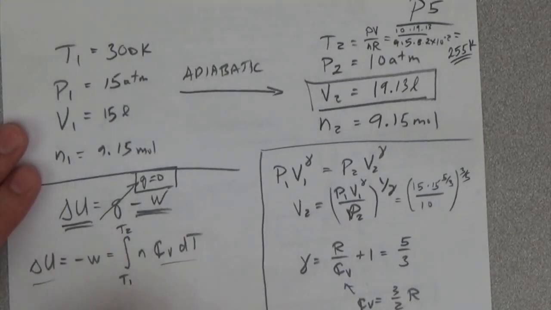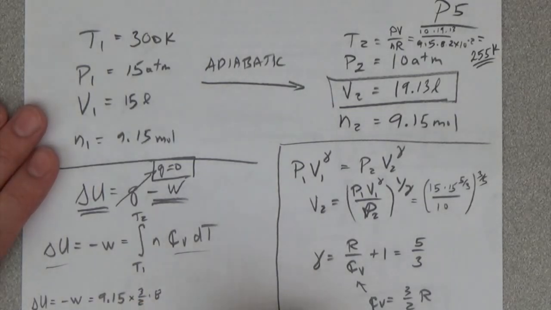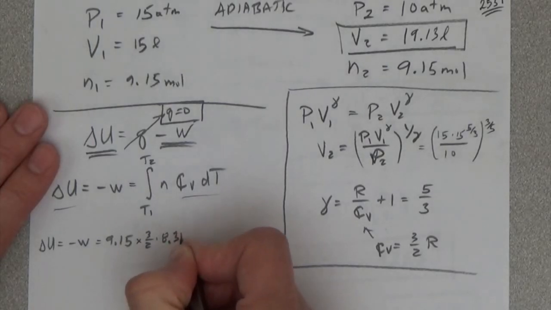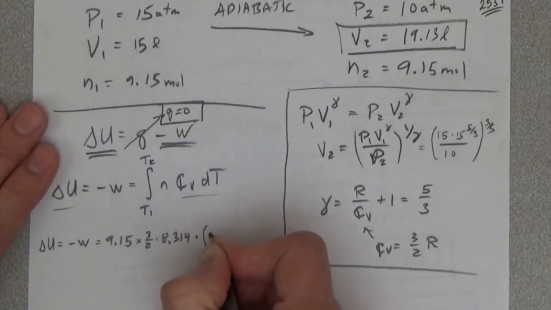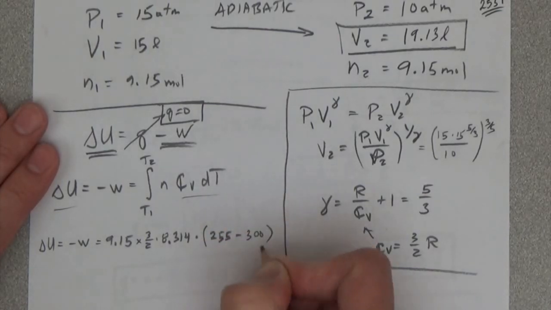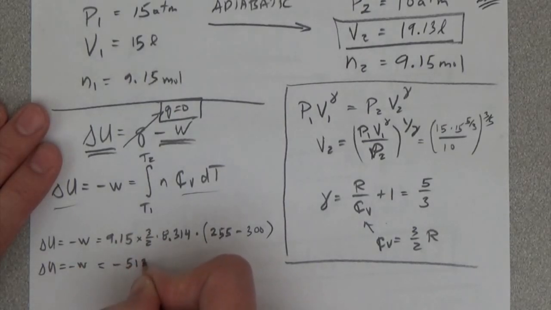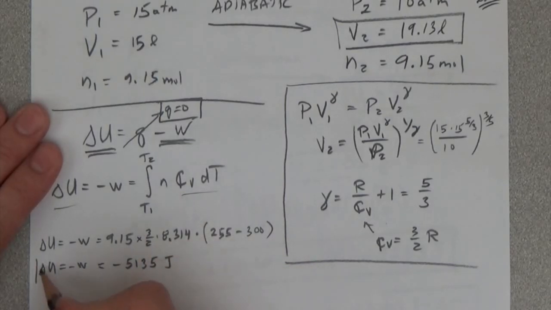Which means that dU is equal to minus W, which is equal to 9.15 times 3/2 times 8.314 times 255 minus 300, which is equal to minus 5135 joule.